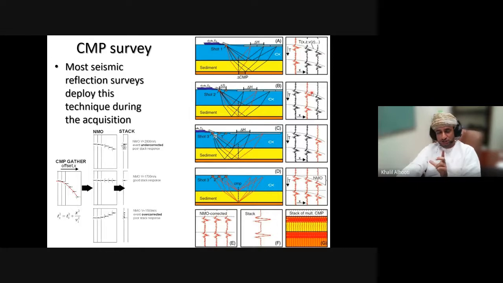I record a shot gather. This is a second shot gather. And the offset for the second hydrophone is larger, the red one you see. I'm still imaging the same midpoint. That's the same midpoint.